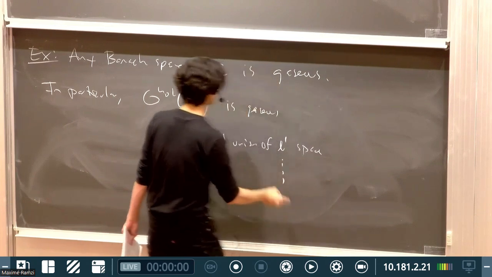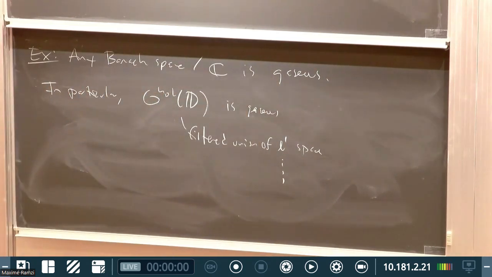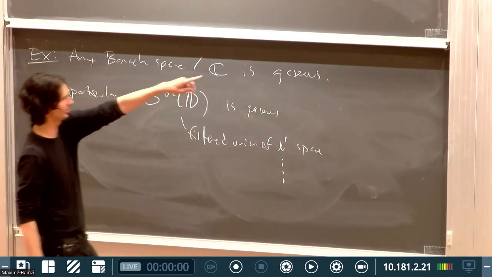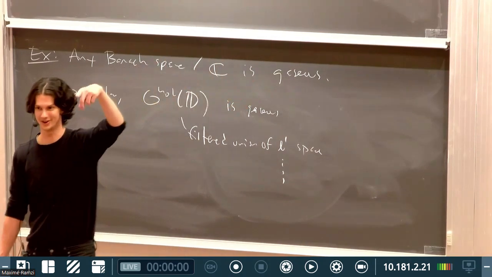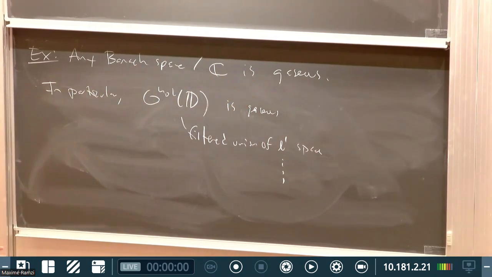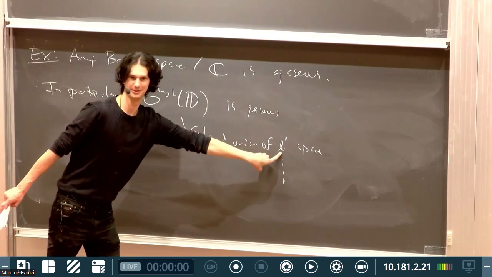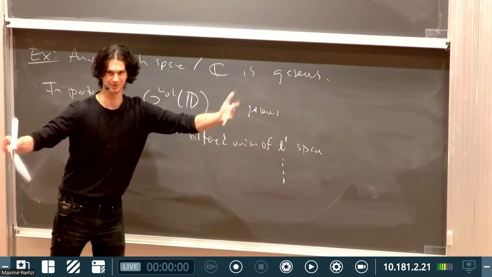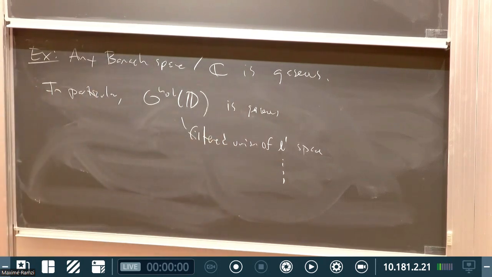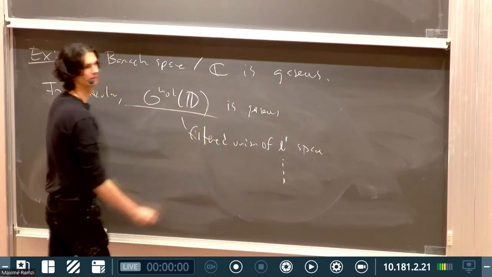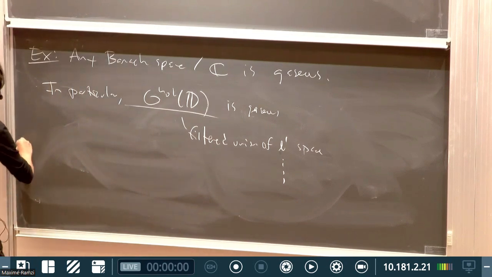Although there's a lot of freedom in what kind of filtered union you want to write down, when I wrote the definition in terms of sequences, I said there exists an R greater than 1 such that something is summable, right? So that means it's a union of spaces of summable sequences with respect to some sort of transition maps, and those are naturally Banach spaces.